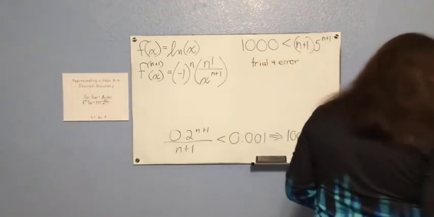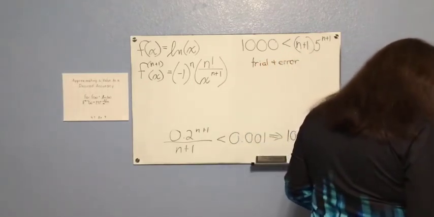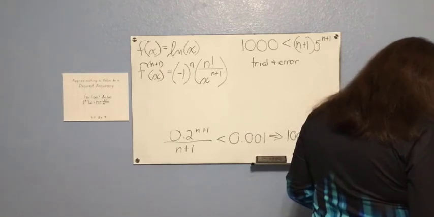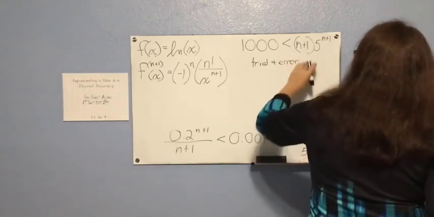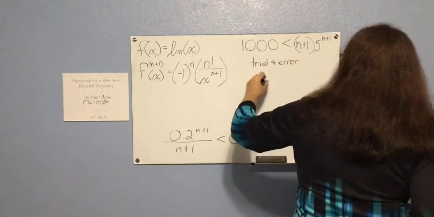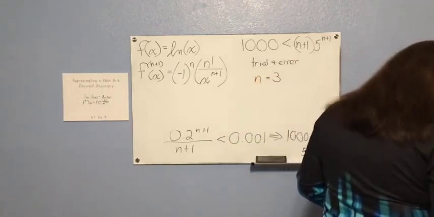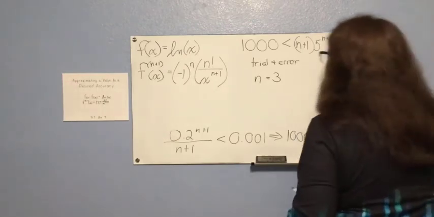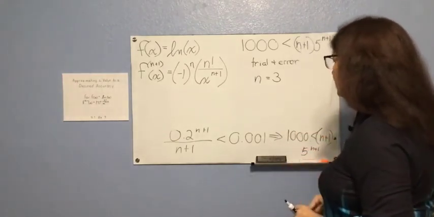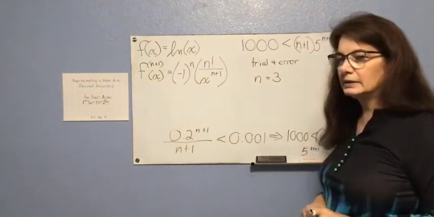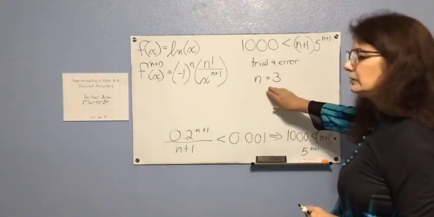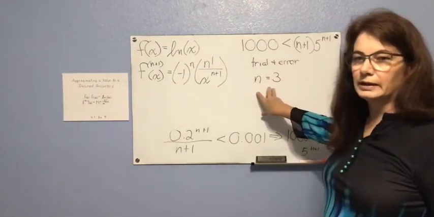Just pick some values for n. And the smallest value of n that's going to satisfy this is n equal to 3. So if I want to make an estimate that's within 0.001, I need to use at least a third degree Taylor polynomial.